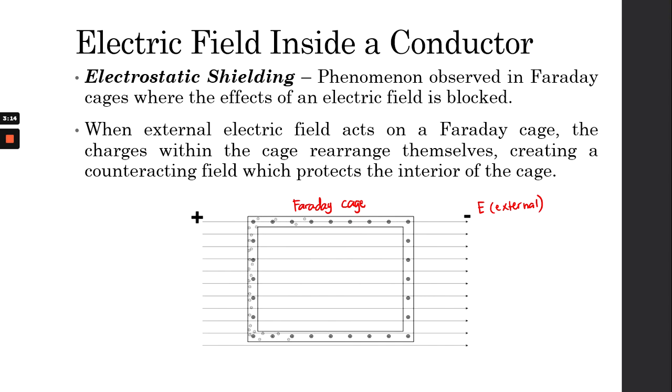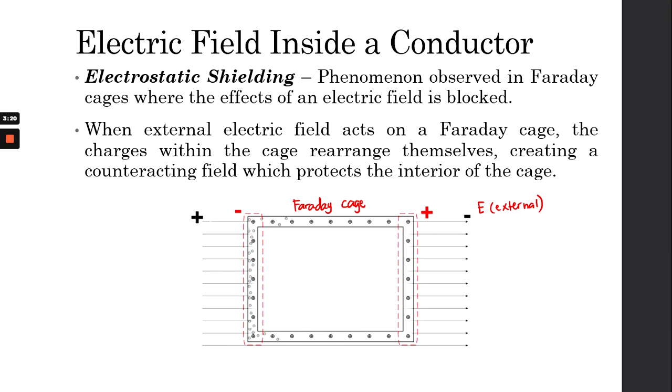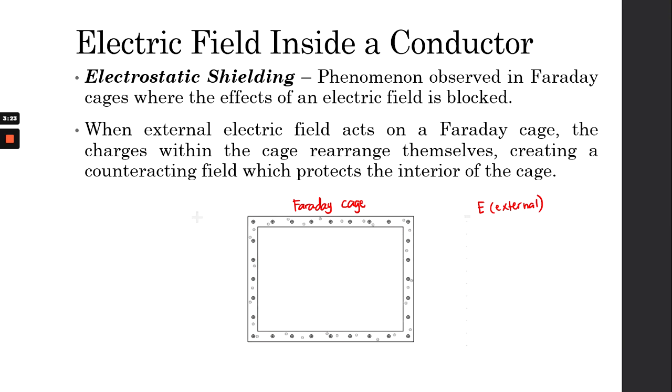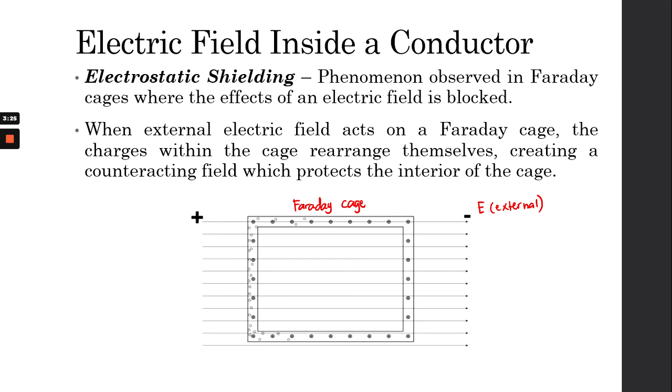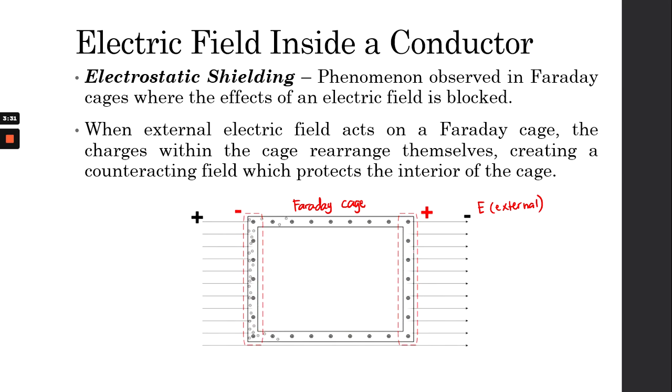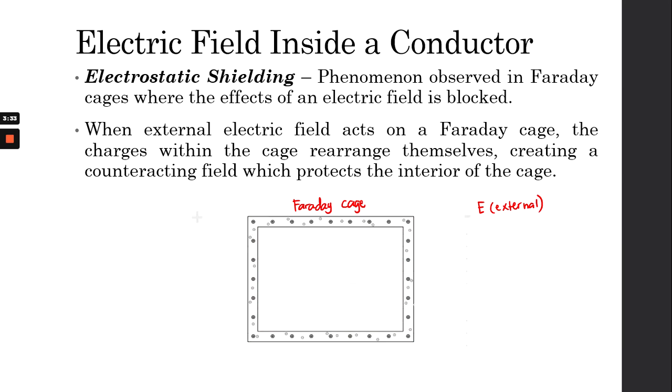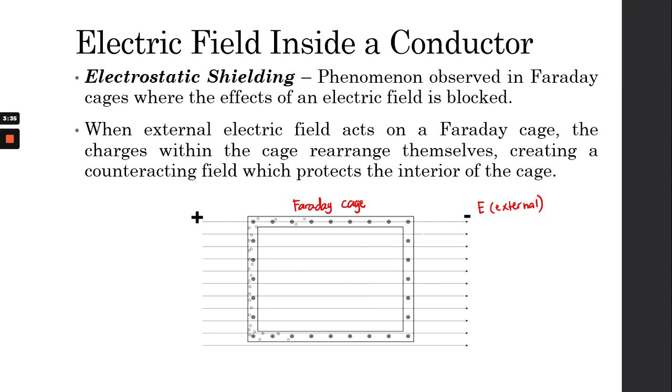As you can see, these smaller circles right here, which are negative charges, move onto the side closer to the positive source of your external electric field. These sides become negatively charged, and these sides become more positively charged. We know that because same signs repel while opposite signs attract.